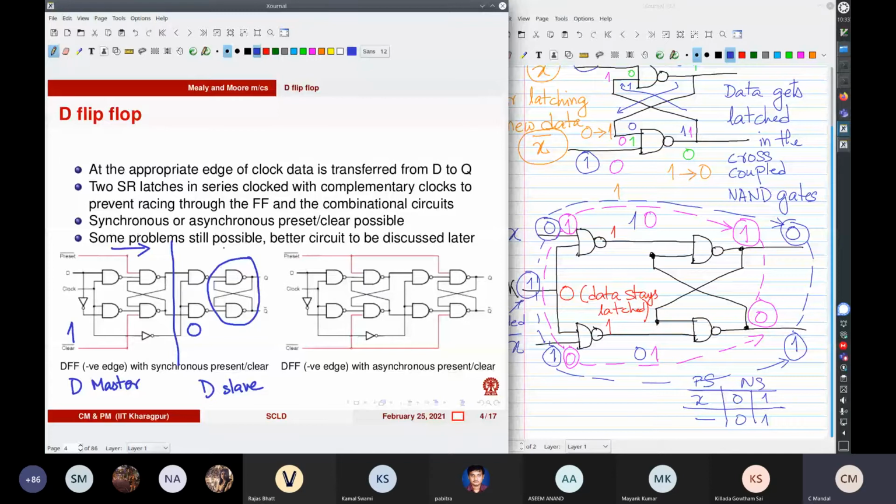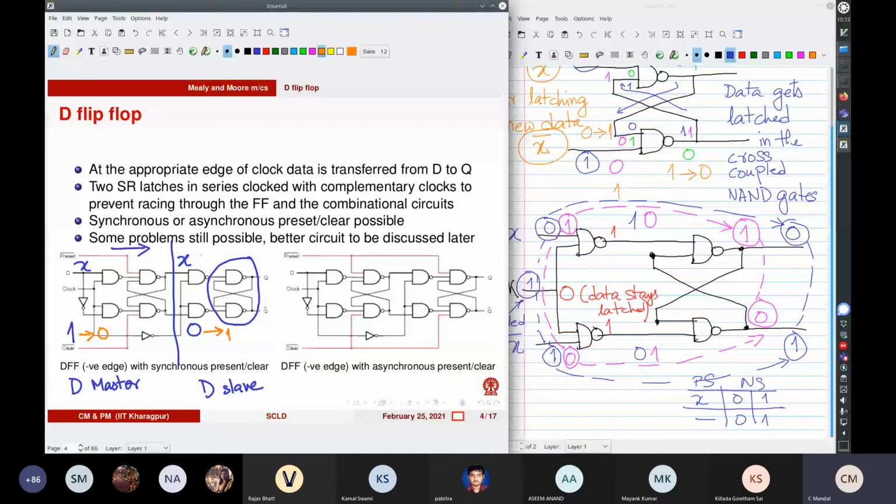So it stays here, and then when it goes from 1 to 0, this one will go from 0 to 1, and so basically what is happening here is x, let me put it this way. So here, x comes here when the clock is 1, and when the clock goes from 1 to 0, this gets transferred here.